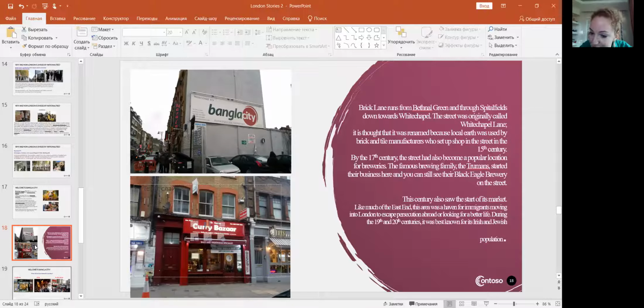Like much of the East End, the area was a haven for immigrants moving into London to escape persecution abroad or looking for a better life. During the 19th and 20th century, it was best known for its Irish and Jewish population.